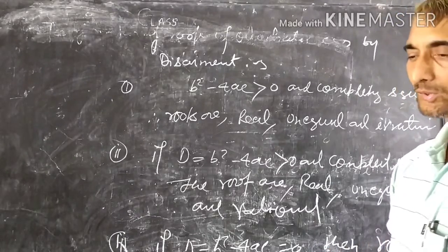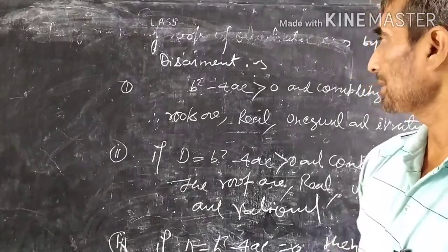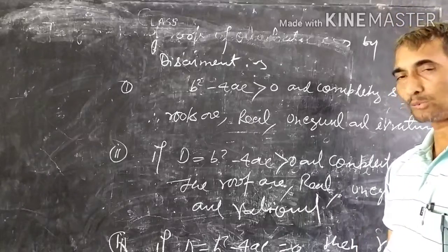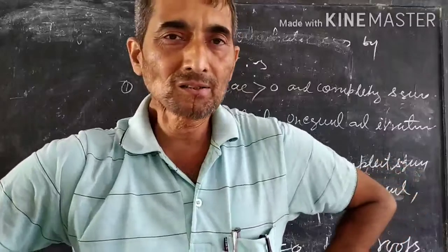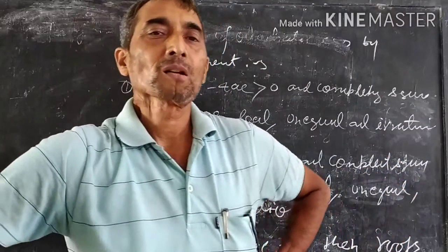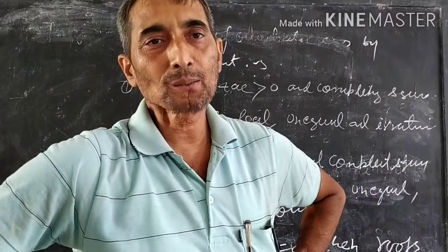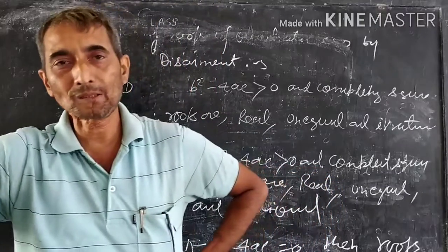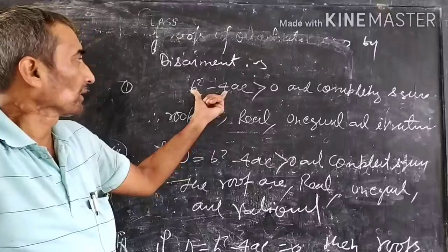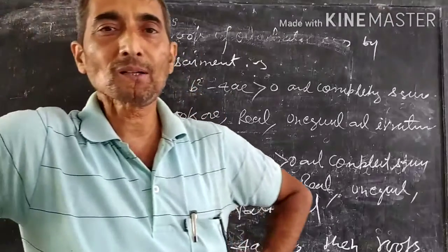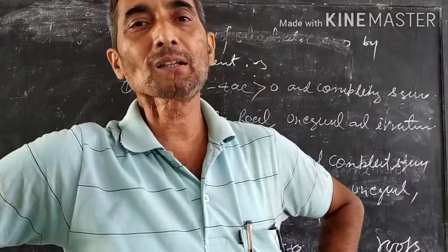Discriminant is an amount, the relation between a, b, c, just like b square minus 4ac. When we check the existence of roots of any quadratic equation, we find the values of a, b, c from the quadratic equation, put them in this expression and calculate an amount.